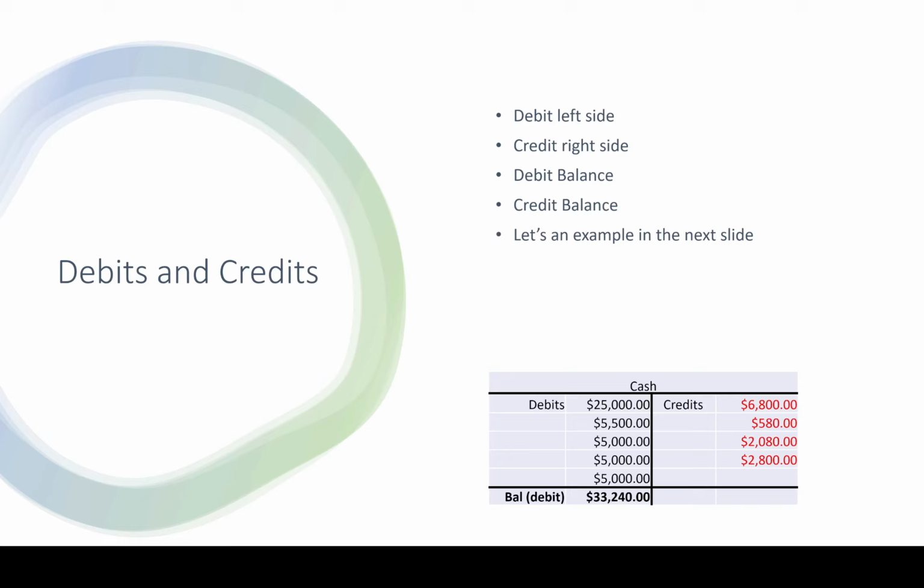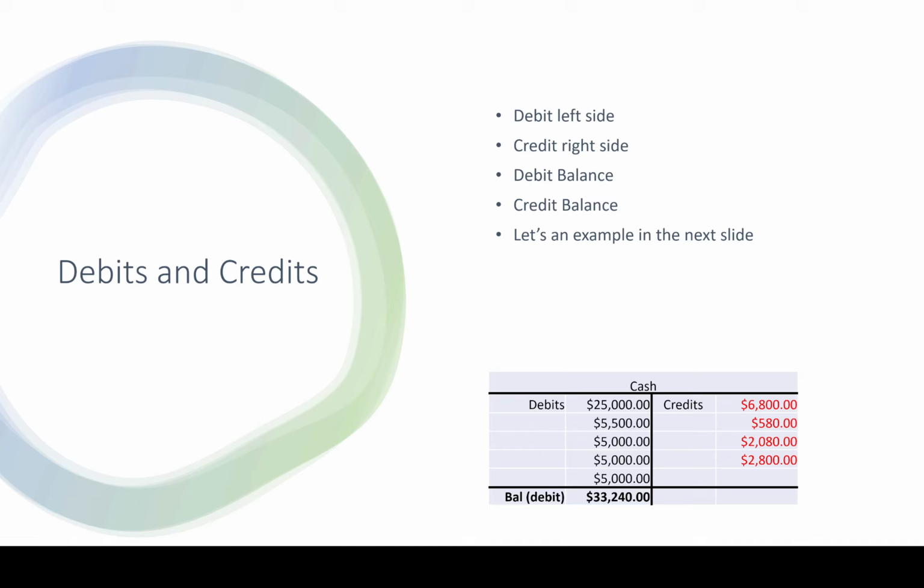So what are debits and credits? In fact, debits are always on the left side and credits are on the right side. Sometimes when we sum the transactions, we have a debit balance for accounts like cash.